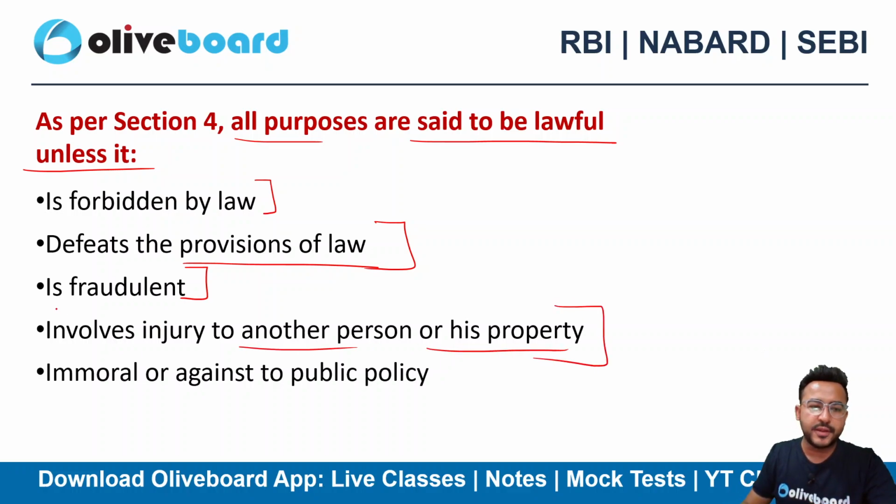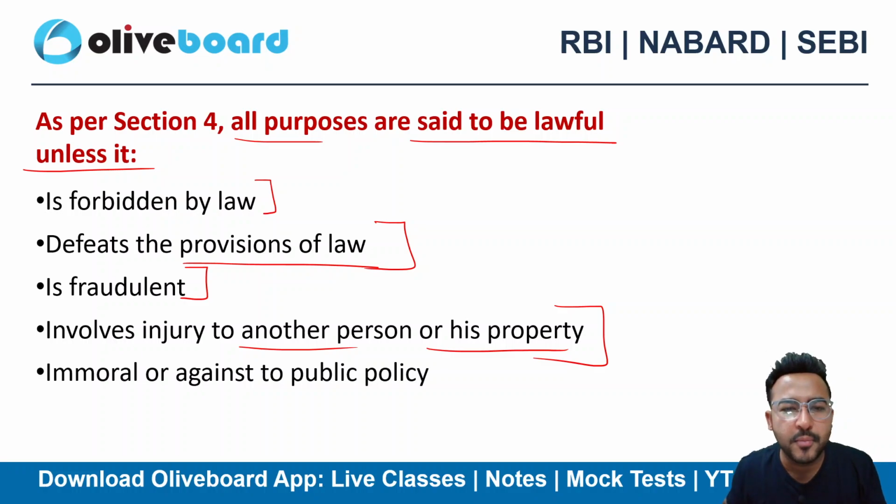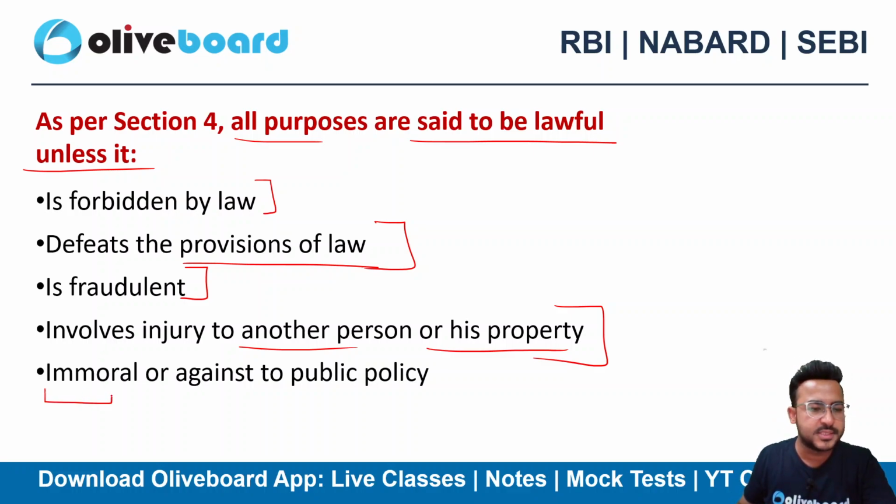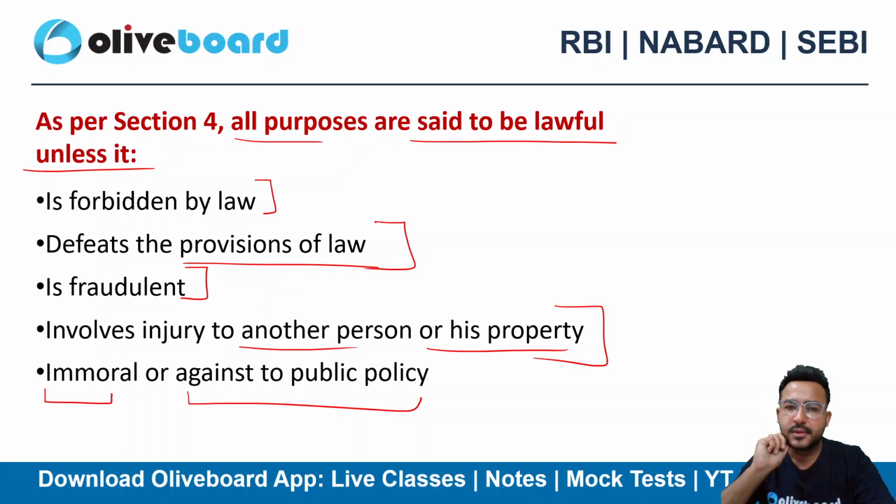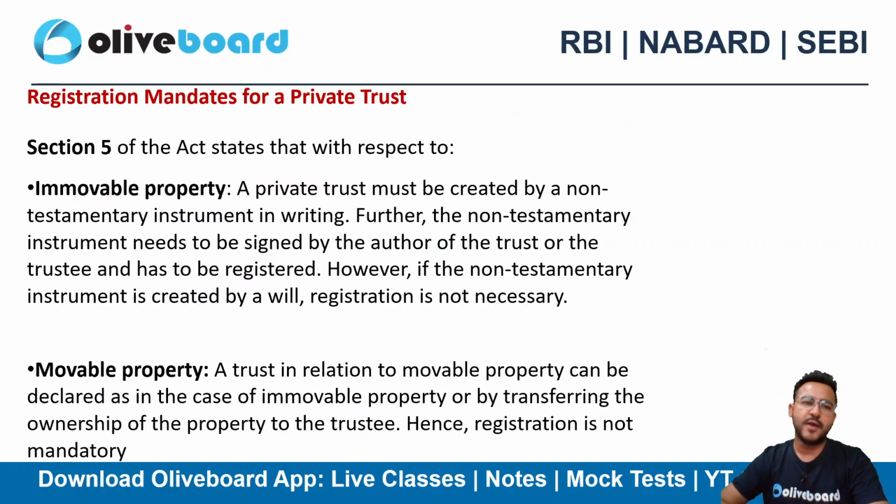These kinds of intentions won't be tenable in the eyes of law. And if it is immoral or against public policy, the whole purpose is immoral, then the trust won't be called lawful. These are unlawful activities, and your trust will definitely be void and not valid.